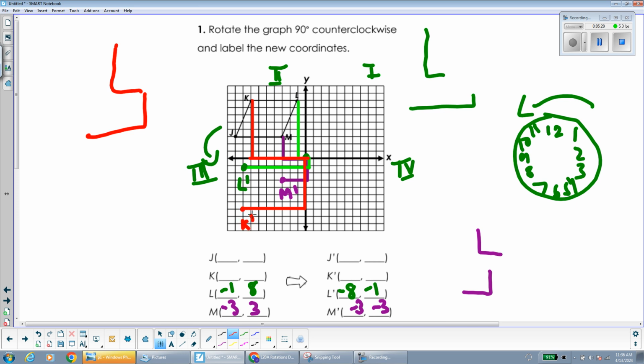The original point K was -7, 8. And now our rotated point K is -8, -7.